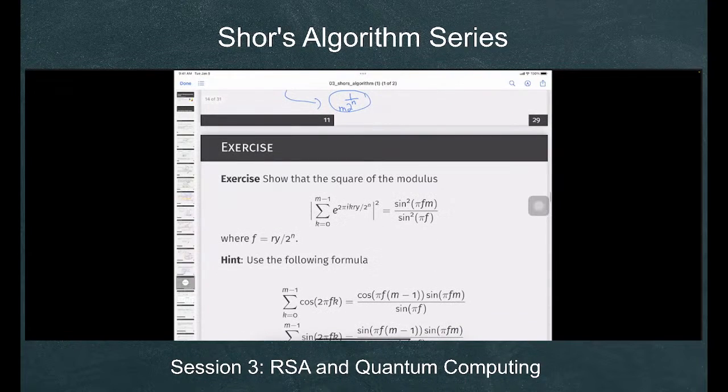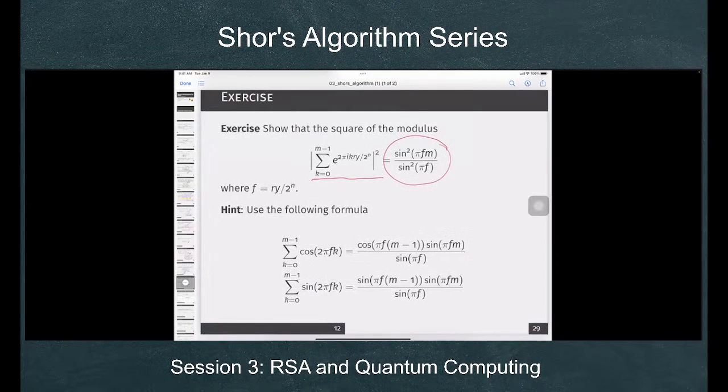You just have to show that this one here is actually equal to this one. There's an exercise I'm going to send you after this lecture, so that you will just compute it, that is, simplify. You just use these formulas here, and then you'll get this. So let's have faith that that's the correct one.